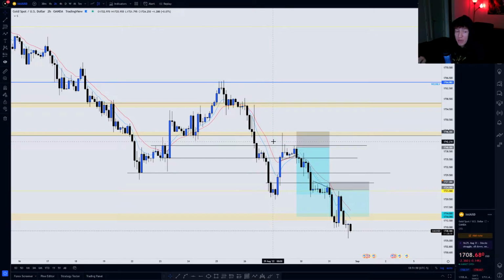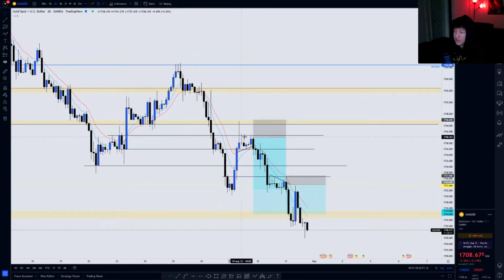I had a very passive stop loss when it came to this specific setup because I knew for a fact if price were to break up above this general minor area of resistance, we can come back up and retest this general area, which is going to be a little bit more significant right around my 1744 area. Notice how I have my stop loss placed above this wick, because if for a fact price wants to push back up into this general zone, we're going to have a lot more buying momentum than we have selling momentum, and price is more than likely going to come back up and tap into the 1756 area.